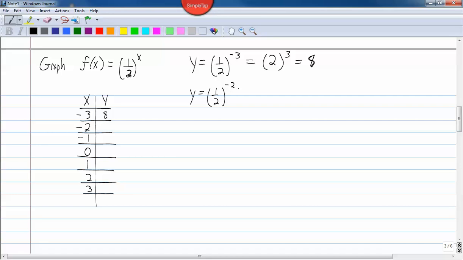Alright, plug in a -2. That's going to give me 2 to the 2nd power, or 4. So when I plug in a -2, I get out a positive 4.